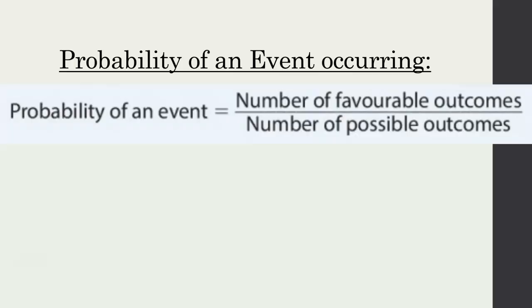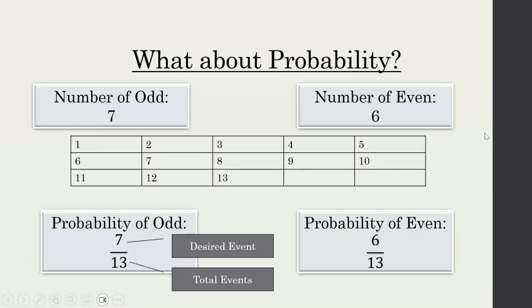So this is the main thing. The probability of an event occurring, like the die roll, an odd number rolling or an even number, is the number of favorable outcomes divided by the number of possible outcomes. So in this case back here, there were 13 numbers altogether, and 6 of them were even. So we're looking at even, so the desired outcome was even.